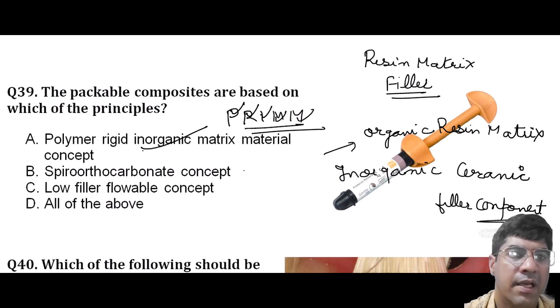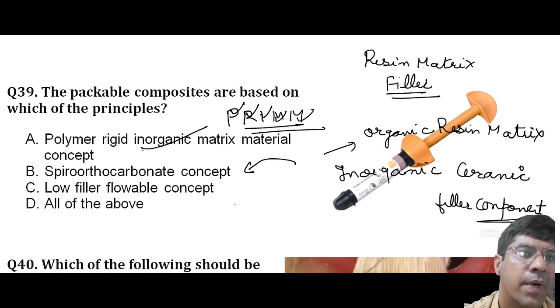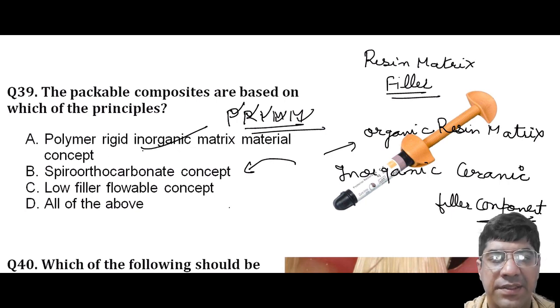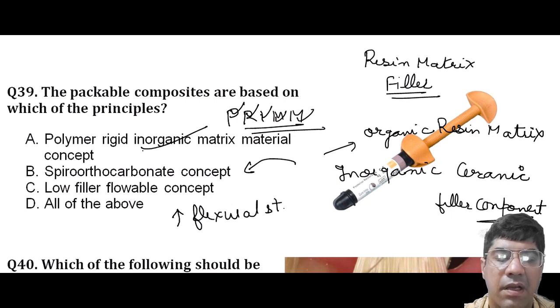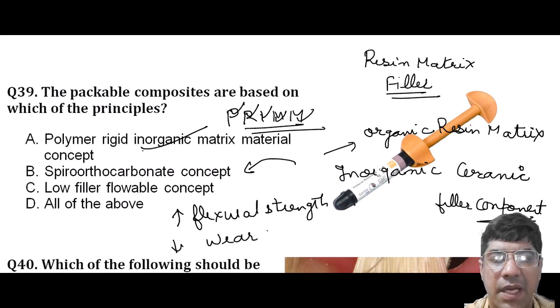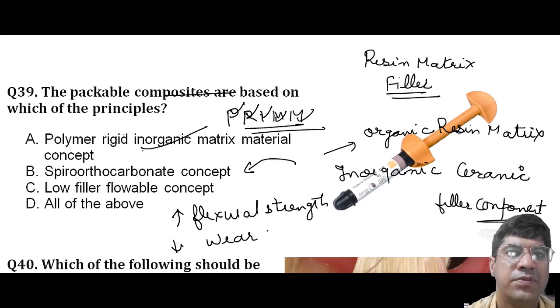This type of material is advantageous as it has increased flexural strength, low wear, high curing depth, and decreased shrinkage. So the packable composites are based upon the polymer rigid inorganic matrix material concept.